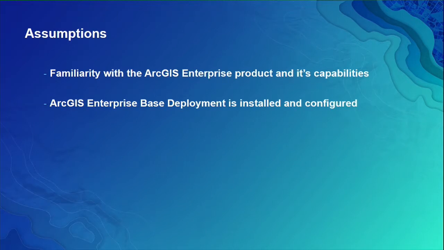So hopefully you know what that is as well, what federation and a hosting server is, but we'll loosely go into that as well. And then we're also assuming that everything is installed and configured. So we do have other sessions on the installation and the configuration parts of it. This is meant for the day-to-day work. You're coming in as an administrator and ArcGIS Enterprise is already configured or installed for you. What's next kind of steps.